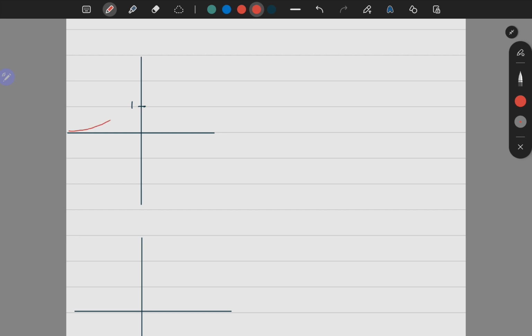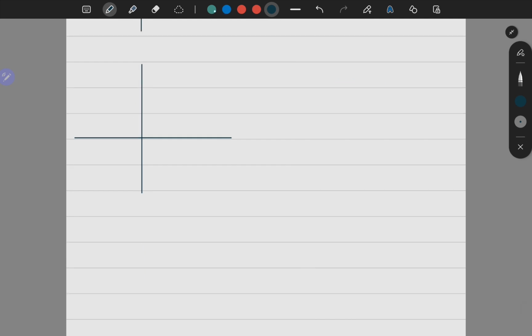So sech is going to be like this and like this. If any of you remember, this is just like a normal distribution curve, and it looks very, very similar. Obviously, it's not exactly the same thing, but it is very similar. This is sech x, and this is an even function because it reflects along x equals 0. And the last one that we have left is going to be, let me make the asymptotes.